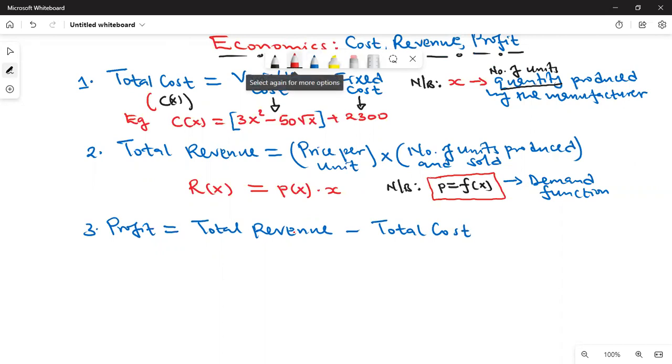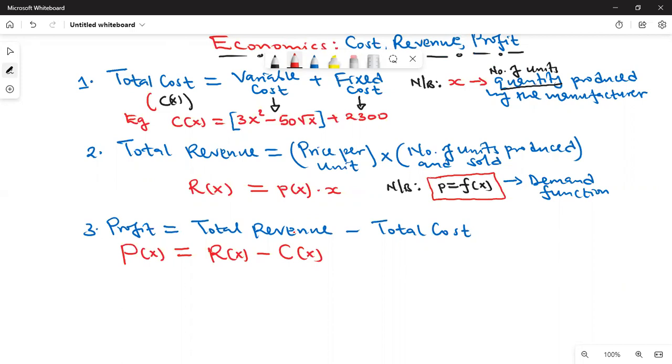And we are going to use the function P capital, now not small p. P capital, a function of X, is equal to R, a function of X, minus C, a function of X. Total revenue minus total cost. That will give us the profit earned by the company.